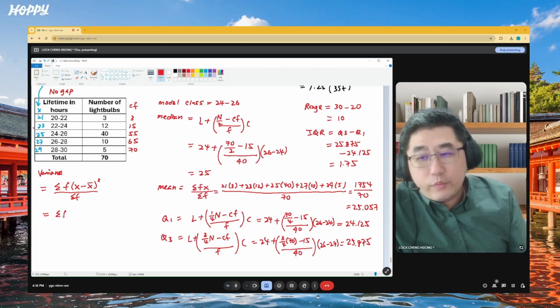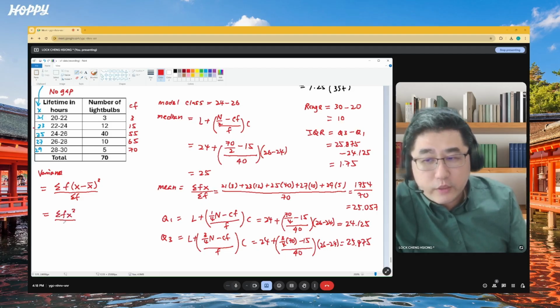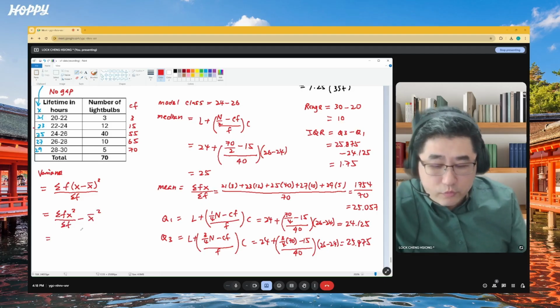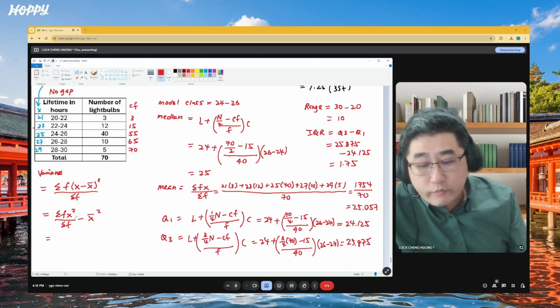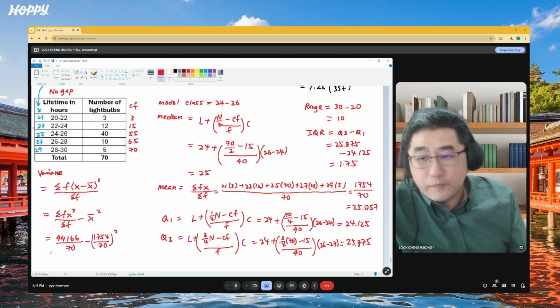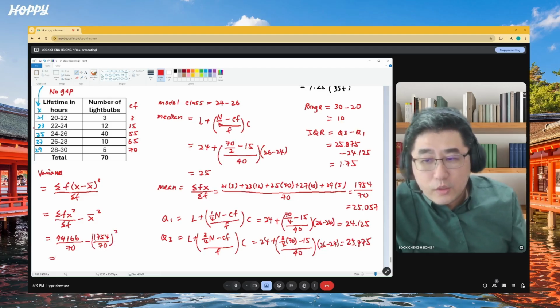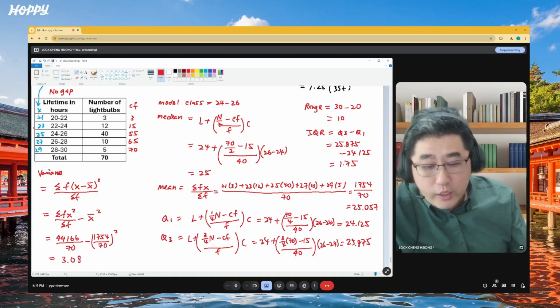The simplified formula is in this form: sum of fx squared divided by sum of f, minus bar x squared. Sum of fx squared will give you 44166 over 70, minus 1754 over 70, the whole thing squared. Then you will have your variance as 3.08244898.